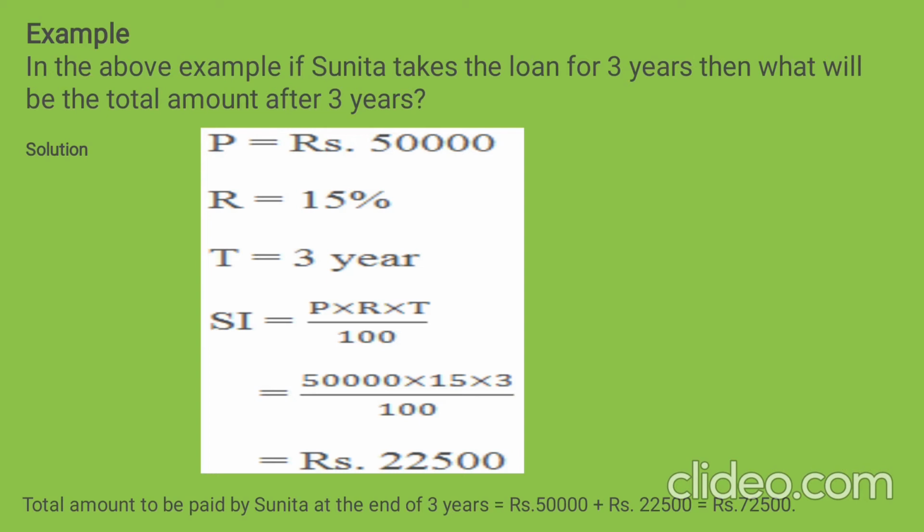Well, here simple interest is equal to 50,000 into 15 into 3 upon 100, which gives the value of interest as 22,500 rupees. Thus, the total amount to be paid by Sunita at the end of 3 years will be 72,500 rupees, whereas the interest to be paid will be 22,500 rupees.